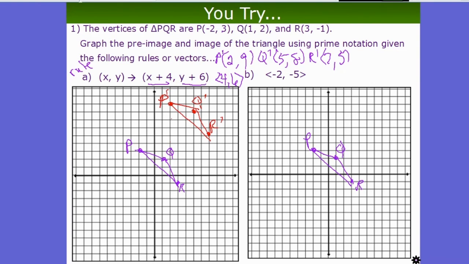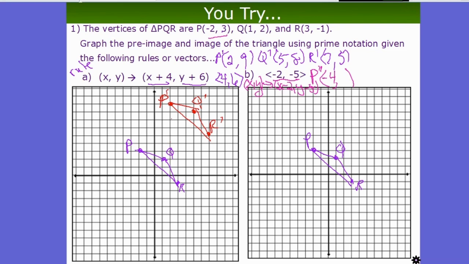The second one, maybe I'll do that one a slightly different color. I'll call it P double prime just to avoid confusion. I'm given this in vector form. And if you prefer rule form, it's very easy to convert that. So (x, y) goes to (x - 2, y - 5). You go left 2 and down 5 from each point. So starting with this point, -2 minus 2, that's -4.